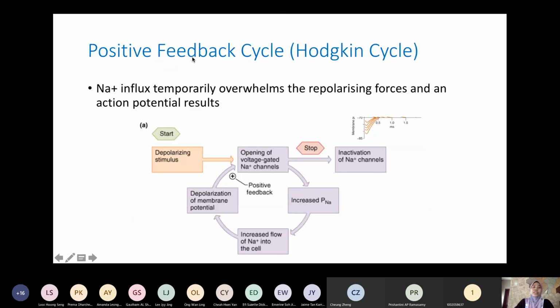Alright, so let's take a look at the positive feedback cycle. What is the positive feedback cycle? We call it the Hodgkin cycle. Okay, when you give a depolarizing stimulus in the normal situation, you will activate sodium channels. So when the sodium channel activates, after the depolarization, the sodium channel will become inactivated.